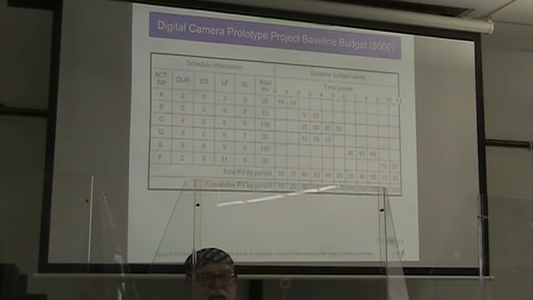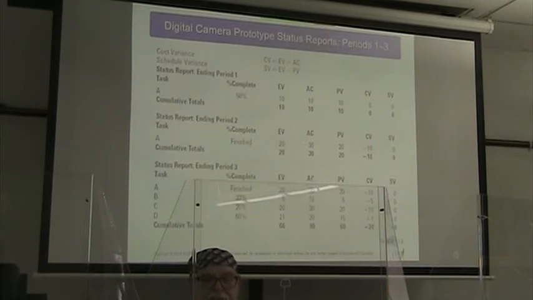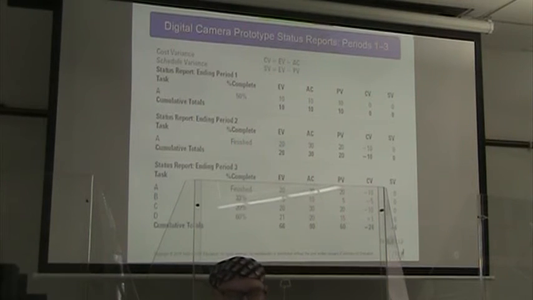So that gives us our total planned value by period and our cumulative planned value by period. Of course, we want to look at the cost variance and the schedule variance.